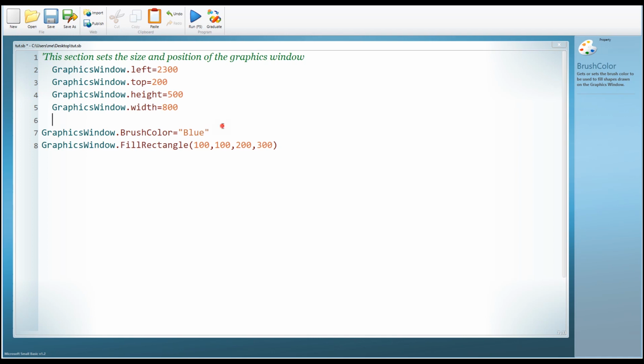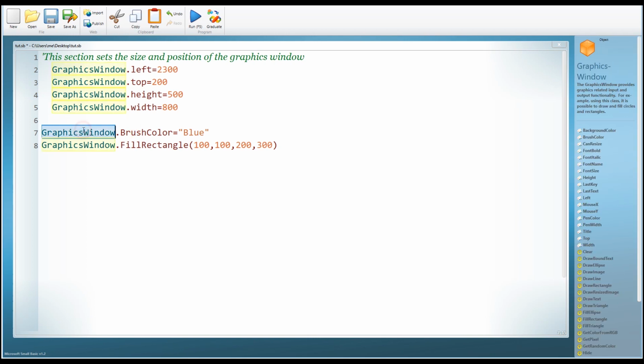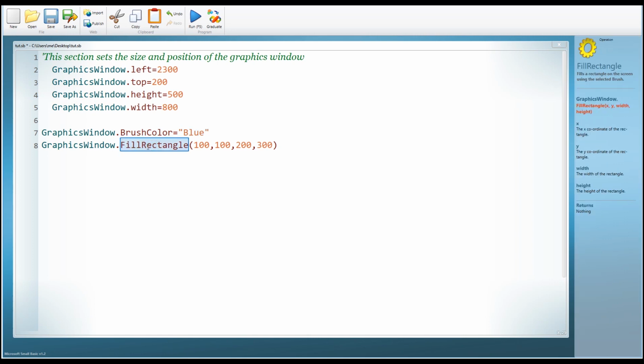There we go. So remember, because this is a property of, so a way of describing this object, we use the equals and speech marks, whereas if we're talking about making an action happen, so fill a rectangle as an action, then we put the information in brackets after it. So blue here is a property of the brush color method.